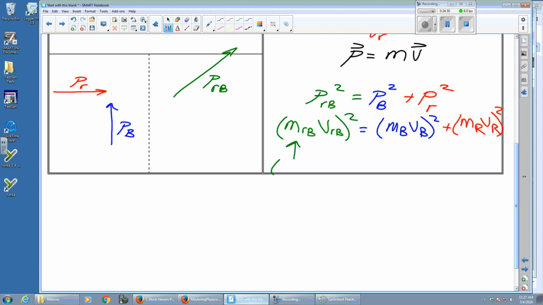This is just MB plus MR, right? I switched from lowercase to uppercase R. It should be consistent. It's Friday.